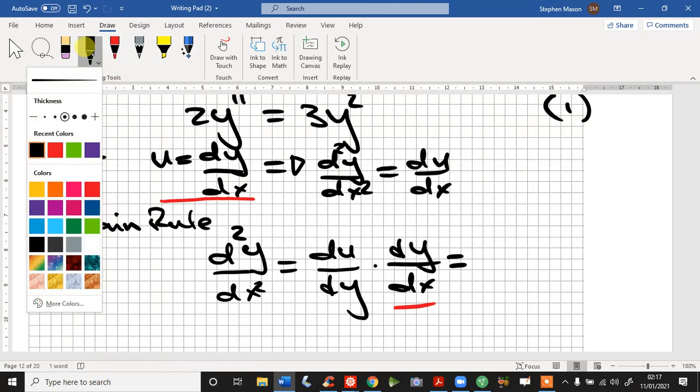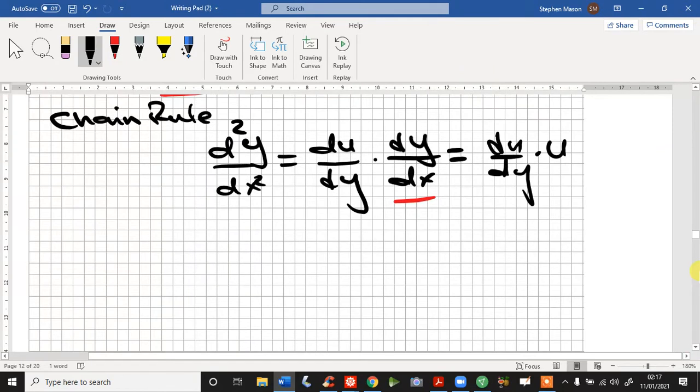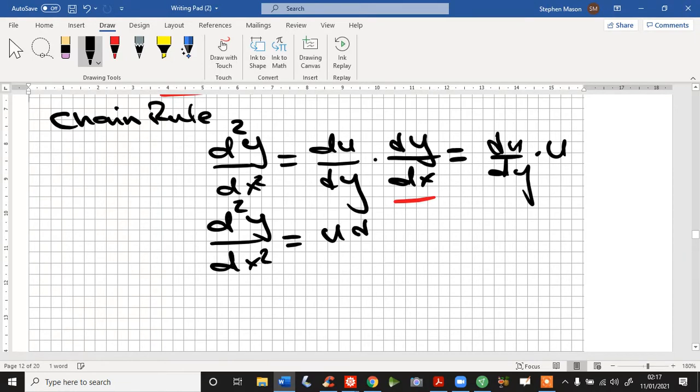So what we have is du by dy times u, and this is normally more conventionally written as d squared y by dx squared equal to u du by dy.